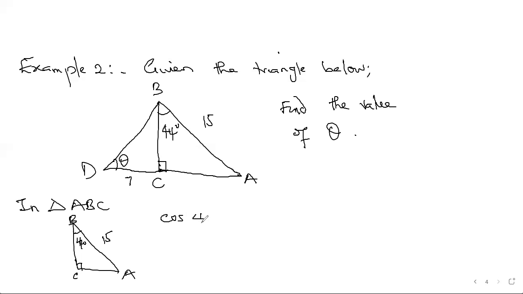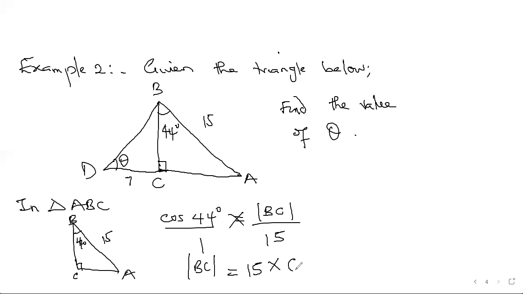So cos 44 will be adjacent, which is what I'm looking for, divided by the hypotenuse 15. Because I don't need the opposite CA to calculate this. So cross multiply, then BC will be equal to 15 times cos 44 degrees.